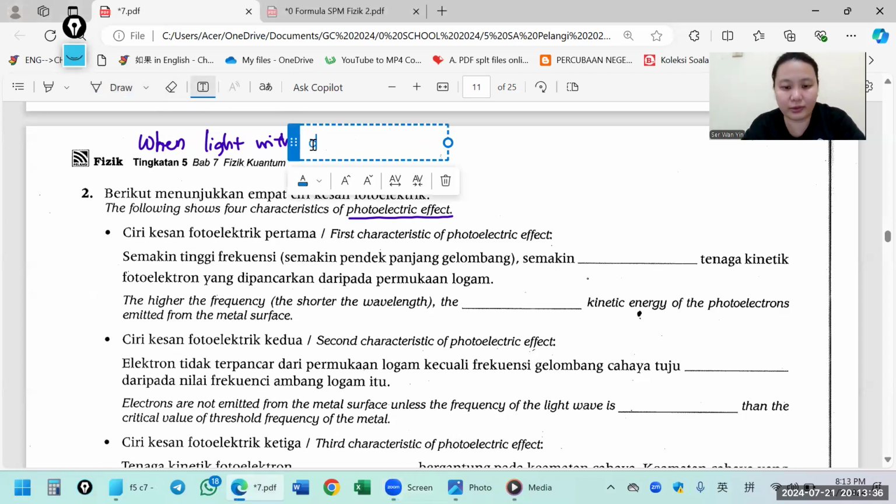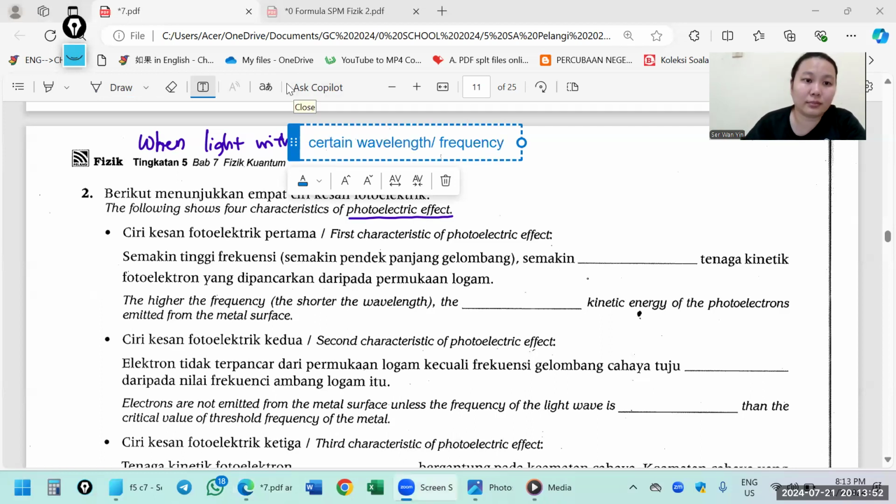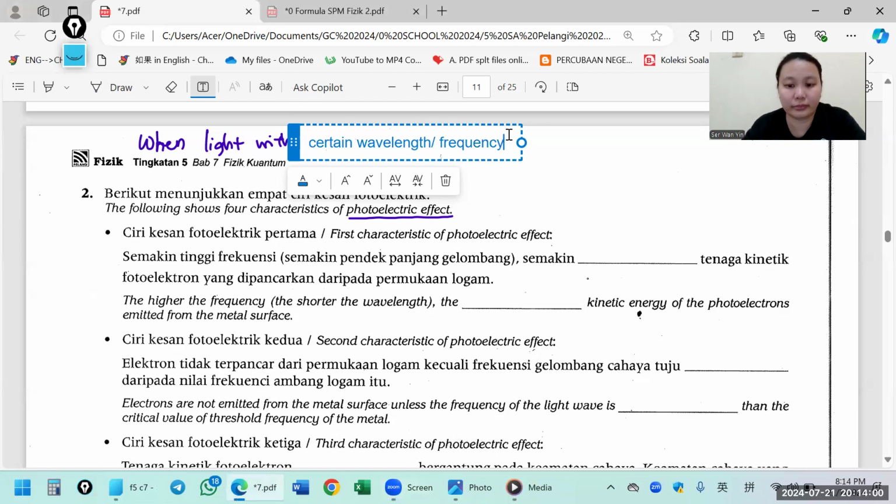A light with certain wavelength or frequency is shown to the metal surface.